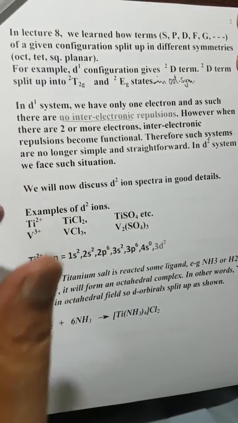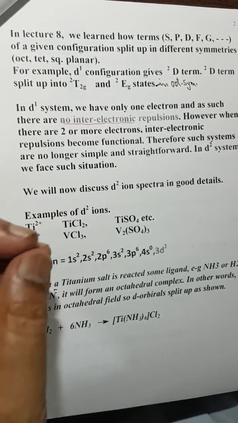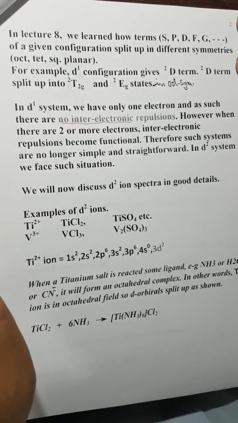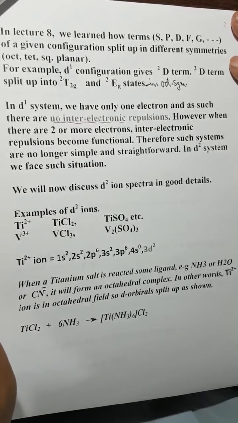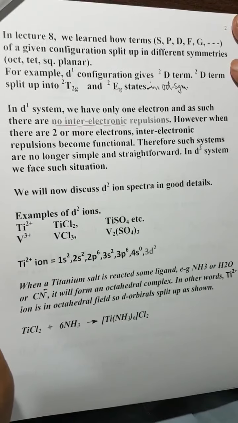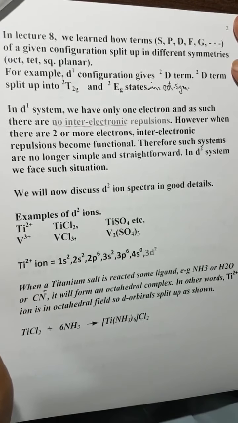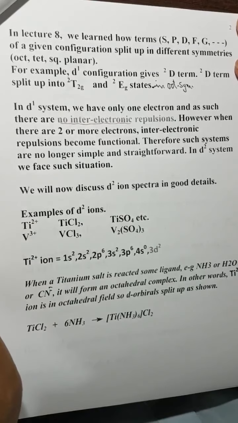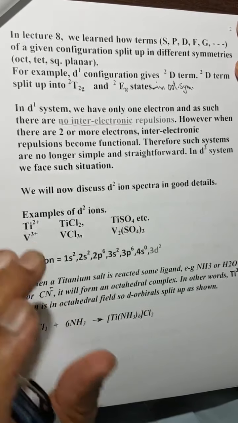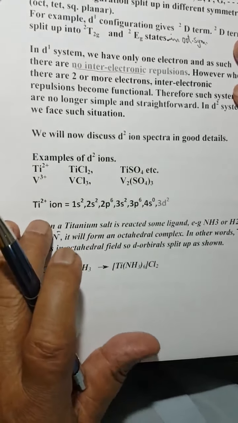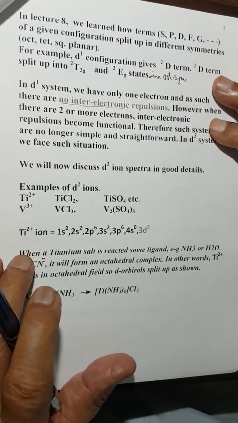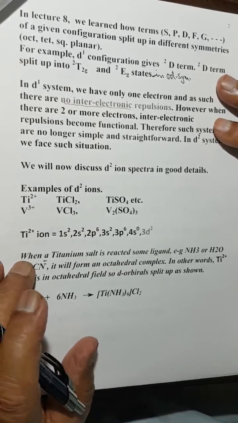And if they repel each other, something different should happen. What happens? We will now discuss that in d2 ion spectra in good detail, in which this inter-electronic repulsion will play its part, and we will see what it does.